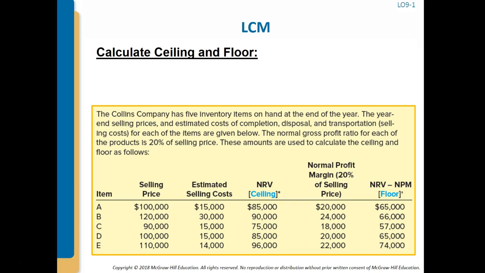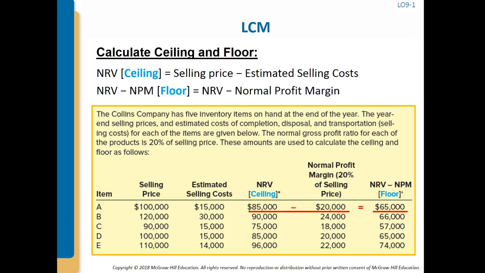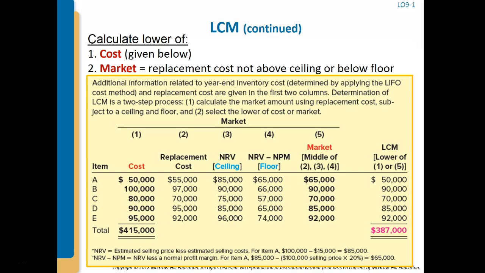So here's an example. We first need to calculate the ceiling, and then we need to calculate the floor. Next, we need to calculate LCM. Note the market amount for each inventory item is simply the middle value among replacement cost, NRV the ceiling, and NRV minus NPM, the floor.